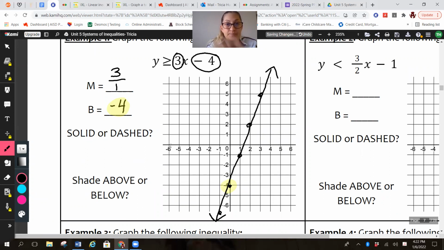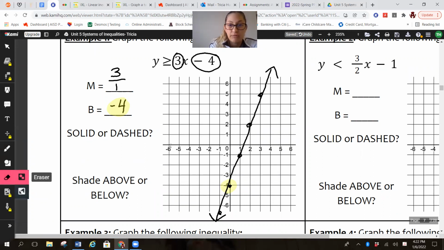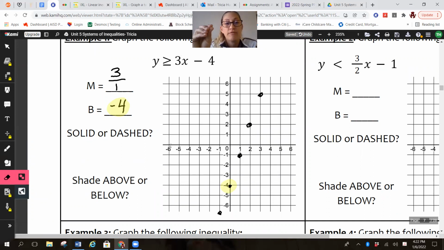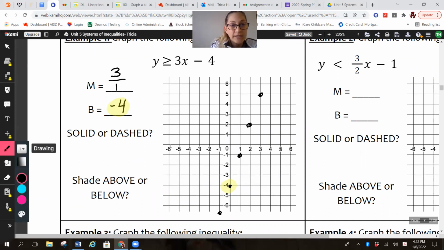Oh, snap. Okay, so I did this without even paying attention. Before I start, I'm going to erase that. Before I do anything further after I get the points from my slope, I need to go back and look right there. That is a greater than or equal to sign.